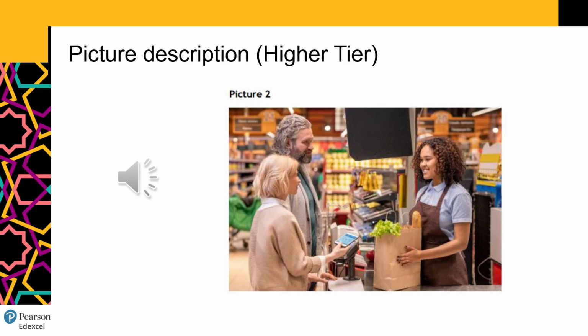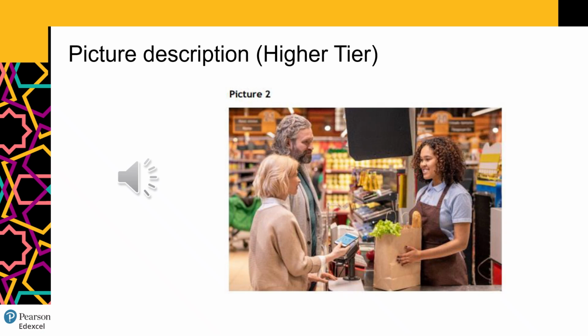Describe the picture. Hay 3 personas, 2 mujeres y un hombre. La mujer de derecha está llevando una camiseta azul y un dental marrón. La mujer en la izquierda está pagando para algo.